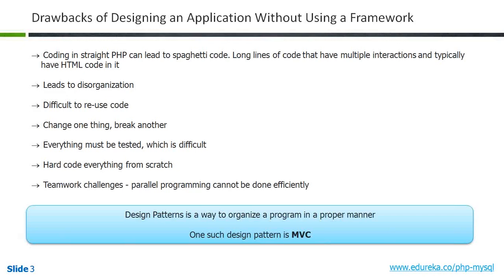Receiving the data, validation of data, processing the request, giving a response, everything is written in the same program itself. But what the MVC design pattern says is, don't write all the things in the same program itself. You split it.